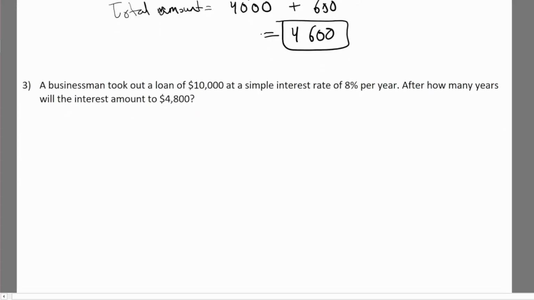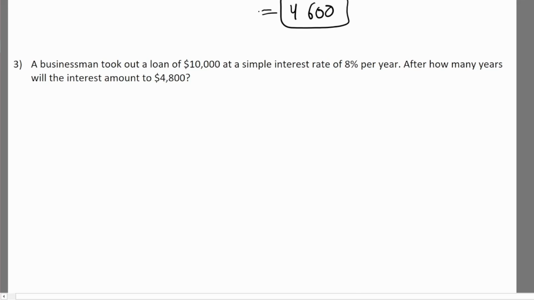Okay, so question 3. A businessman took out a loan of $10,000 at a simple interest rate of 8% per year. So again, R is equal to 8 and P is equal to 10,000. After how many years will the interest amount to 4,800?